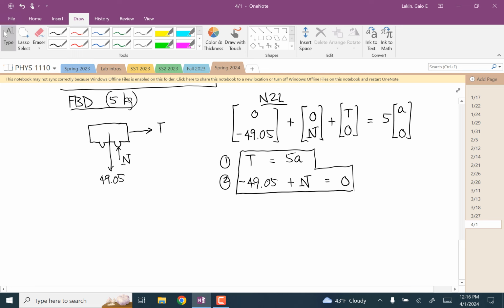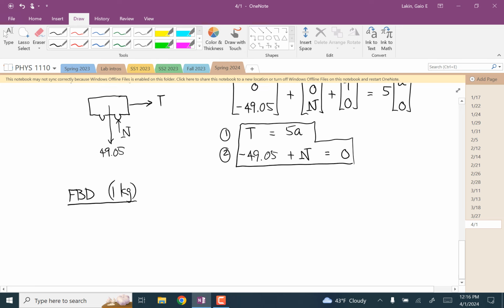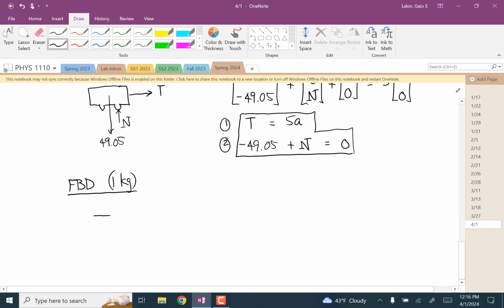And now I'll go to the 1 kilogram. There's a weight force down of 1 times 9.81.